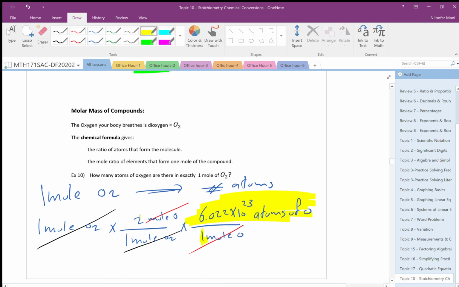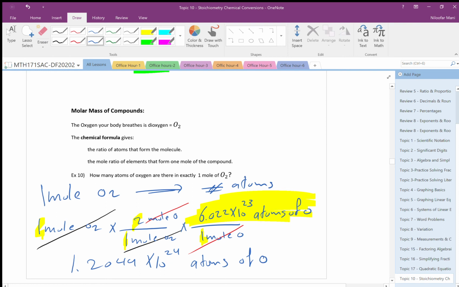So that number multiplied by 2, which is 1.2044 times 10 to the power 24 atoms of O.